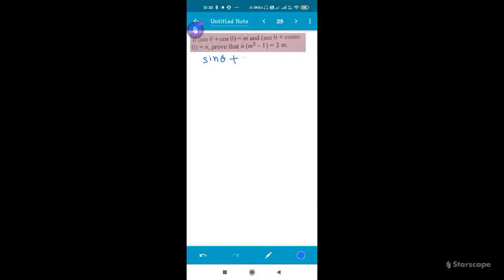Sine theta plus cos theta is equal to m. So if I square both sides, why am I squaring? Because we have m square in the relation which has been asked. That's why I'll square both sides. So if I square it, I will get sine theta plus cos theta whole square is equal to m square.